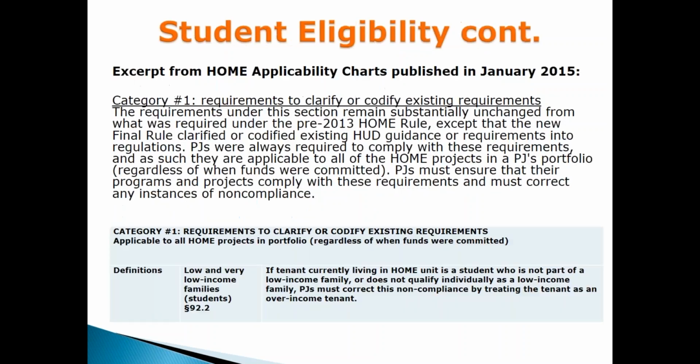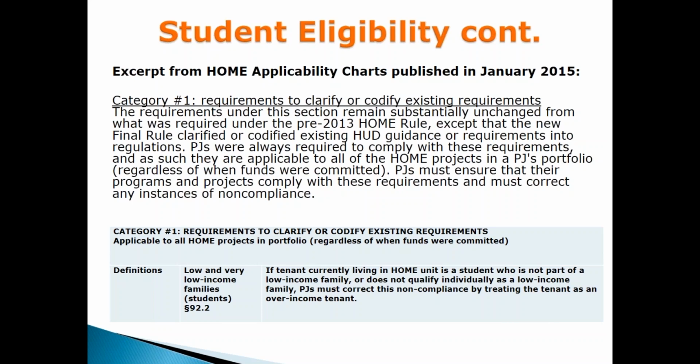There was a little bit of confusion when the HOME final rule first came out, and the way that it was interpreted by HOME funders throughout the state of Washington is that the new student eligibility rule only applied to newly funded HOME projects, so projects that had HOME funds committed after the HOME final rule was published.